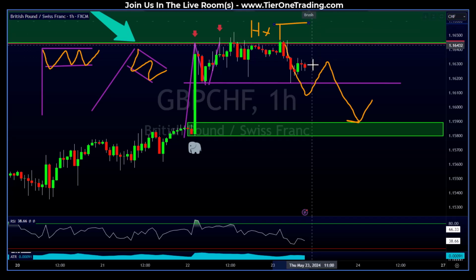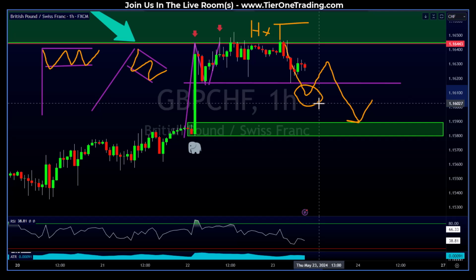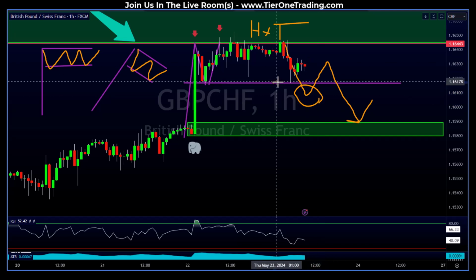Gus is looking for a 2618, right? So if we're looking for a 2618, Gus needs a violation of this level first. So here's the question. If price violates this level, is there still validity in the high and tight flag? No. So should we be afraid of it?